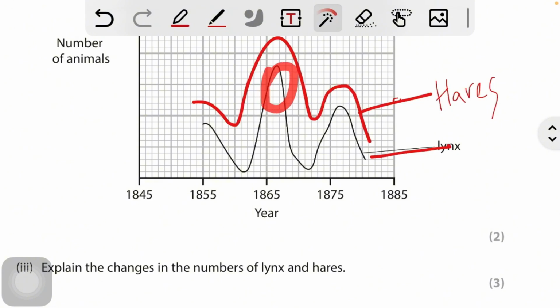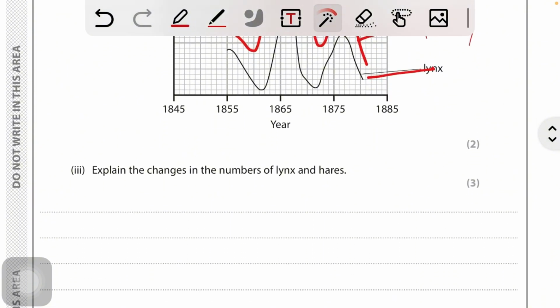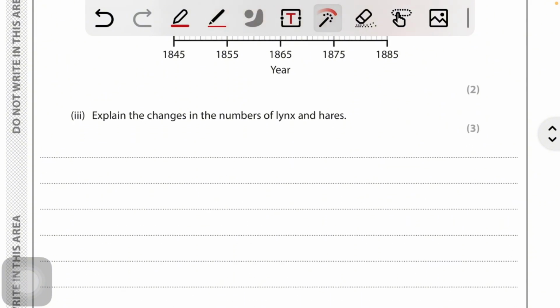When the lynx eat more of the hares, their number also decreases because they are being preyed upon. The reason for hares having a lower number can be that their birth rate is lower, so hares are not being born as much as they are killed. So these can be the reasons for the changes in the number of lynx and hares.